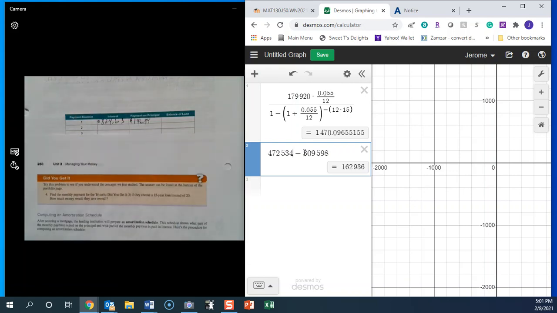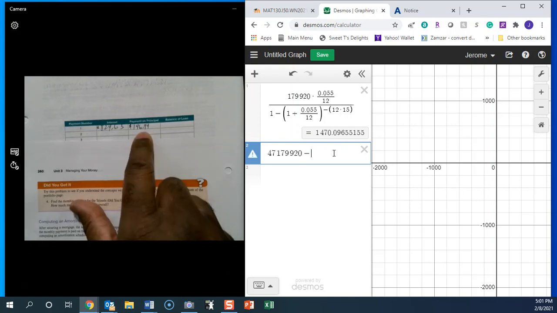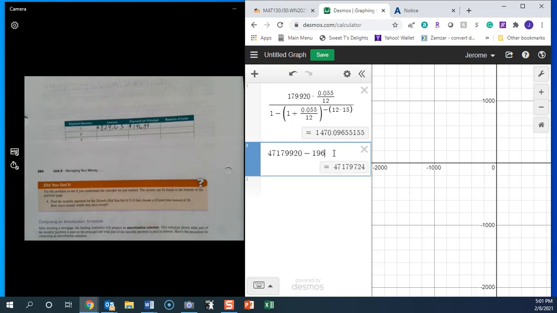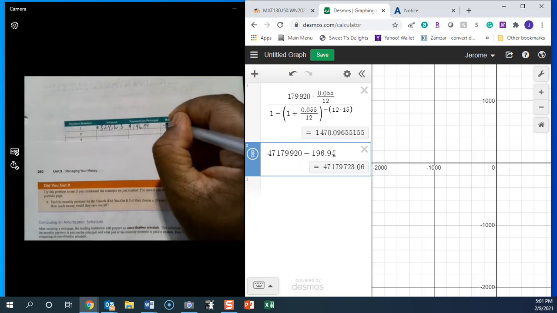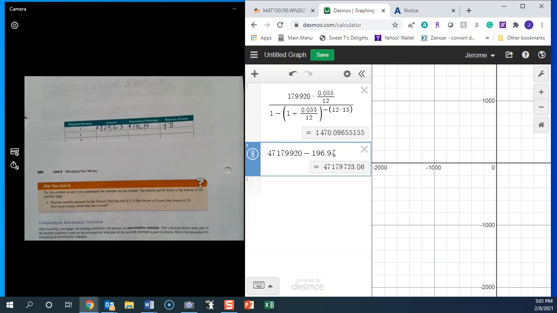And then we want the balance of the loan. So to get the balance of the loan, we would take 179,920 and minus this value here, this 196.94. And then that would give us the new balance of the loan, which would be 471. Oh, wait a minute.